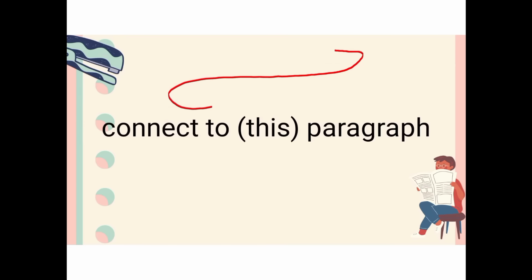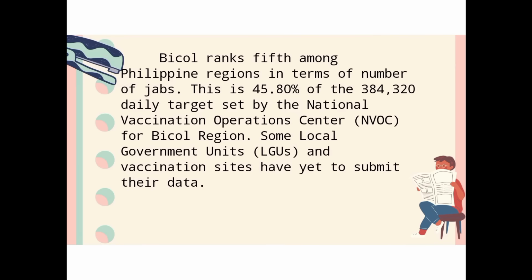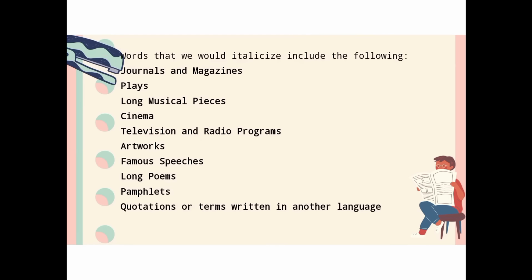Here is a list of things that we may or should italicize: journals and magazines, plays, long musical pieces, cinema, television and radio programs, artworks, famous speeches, long poems, pamphlets, quotations or terms written in another language.